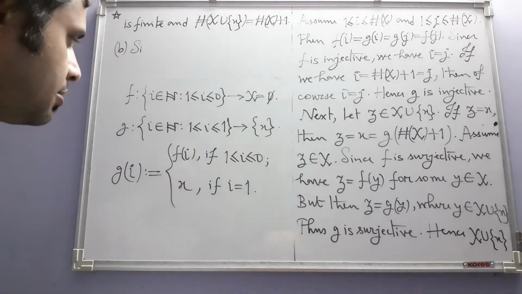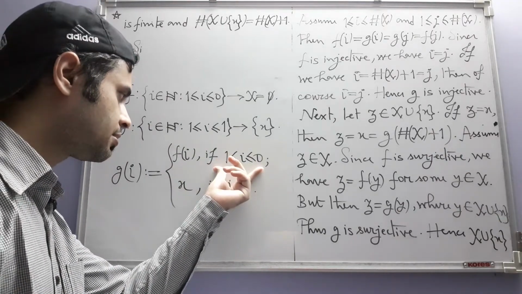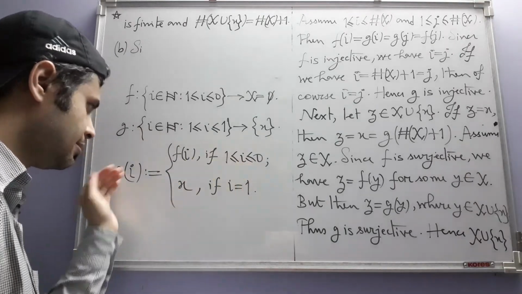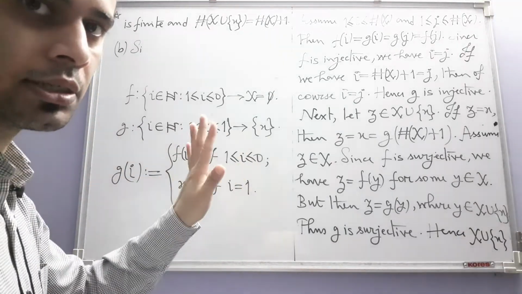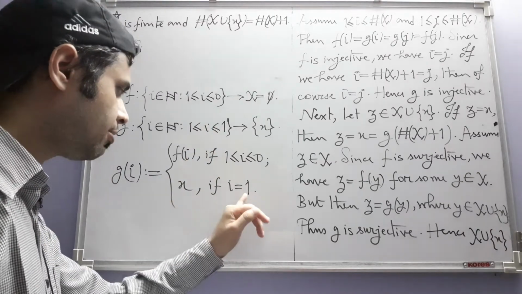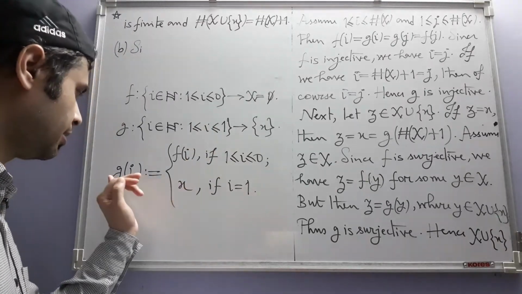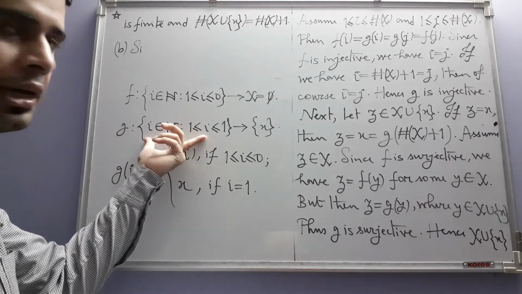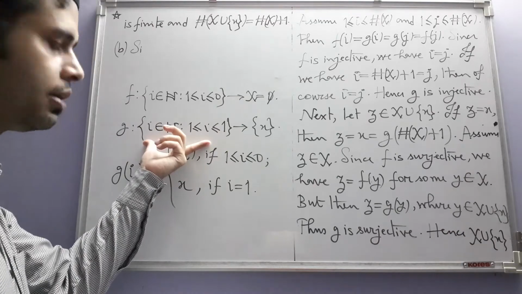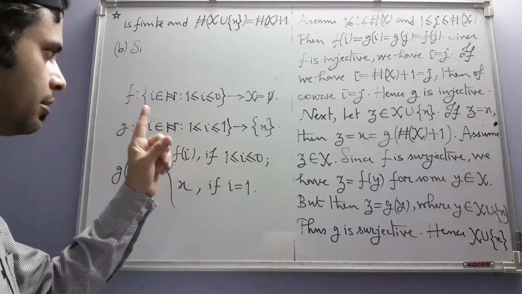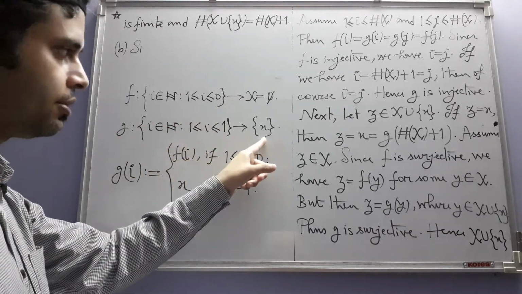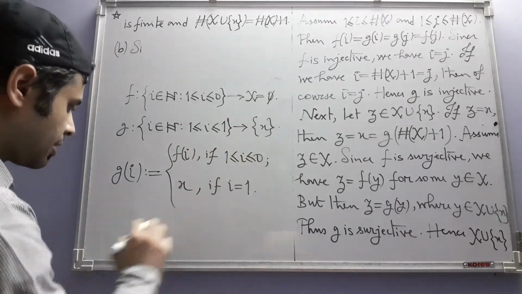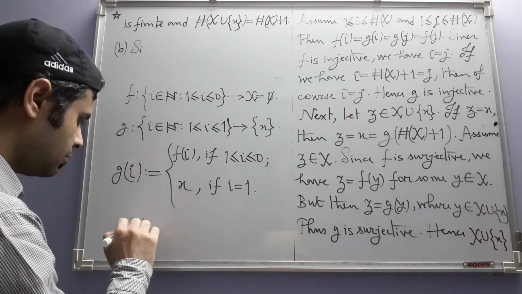Does it make sense? If this happens, then g of I is f of I, and this is an implication which is vacuously true. If however I is 1, then g of I is x. In fact, looking at this set, you can see that this is also a singleton set which has only one natural number, that is 1. This is also a singleton set which has only one element, that is x, and basically this function is just nothing but this.